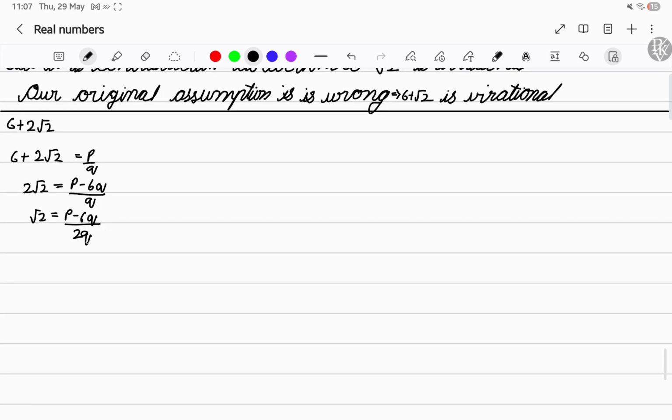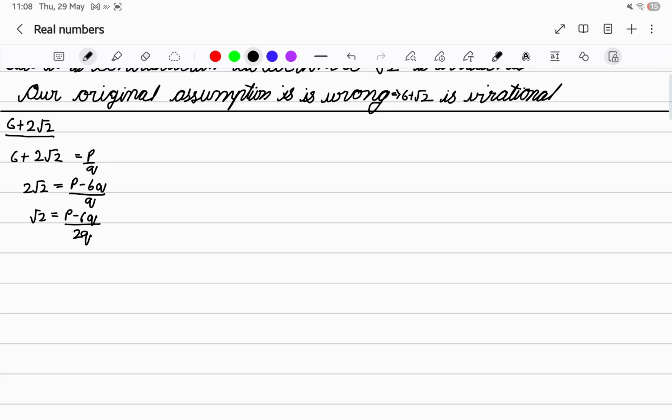So p minus 6q by 2q. Now if p by q is rational, this thing will also be rational. That will imply that root 2 is rational, but that is contradictory, because we know that root 2 is irrational. Our original assumption is wrong, and 6 plus 2 root 2 is irrational.